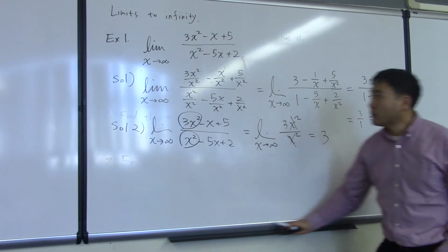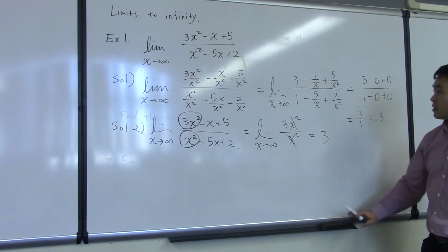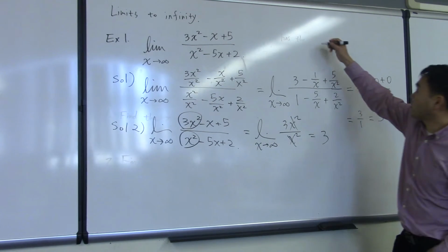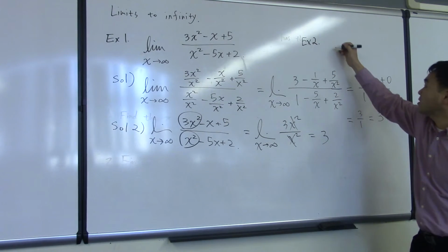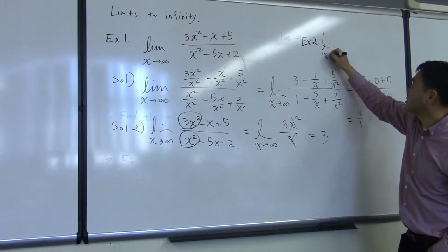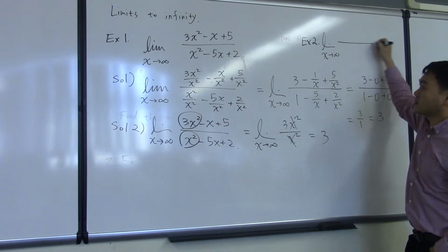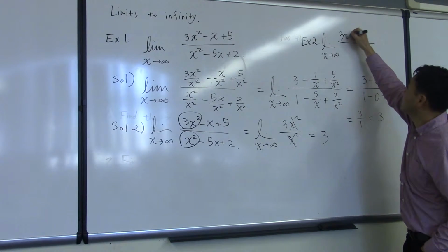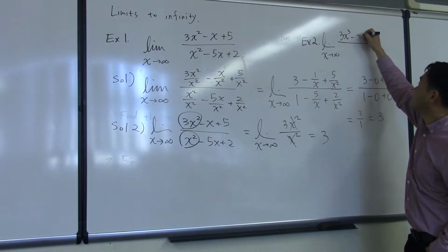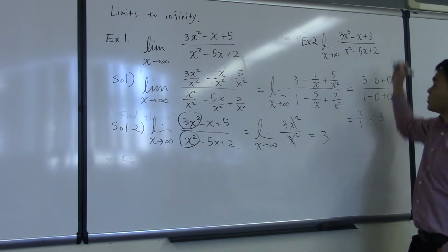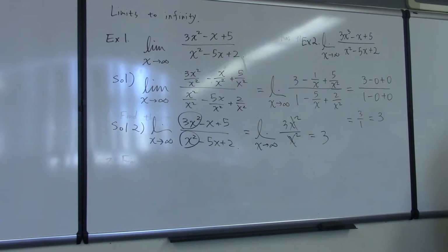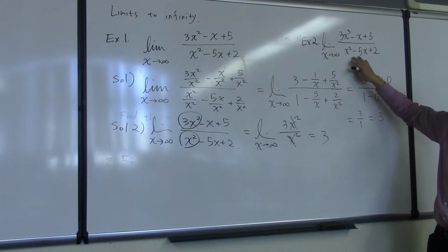Now, I don't want to erase this, so let me just write down a second question, very similar. Because I want to show you what happens if we apply the same kind of reasoning to the following question.